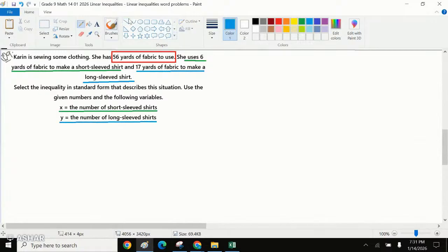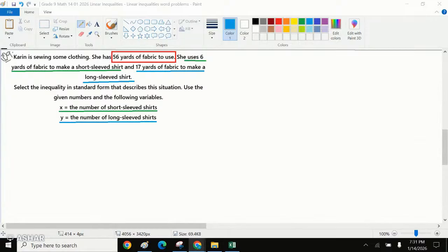So what we need to do is create an inequality that would represent the given information, right? If she has 56 yards of fabric, can she use 60 yards? Anything more than 56? She cannot, because she only has 56 yards with her.